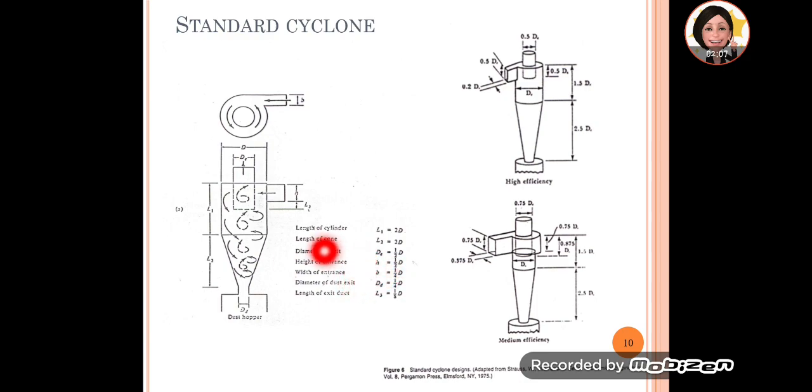So the length of exit duct for the standard cyclone is 1/8 of the diameter. But for the high efficiency cyclone, it is 0.5 of the diameter. And then for medium efficiency, which is also the high rate cyclone, the length of exit duct is 0.875 diameter. So that's how these three different types of cyclones differ from one another.